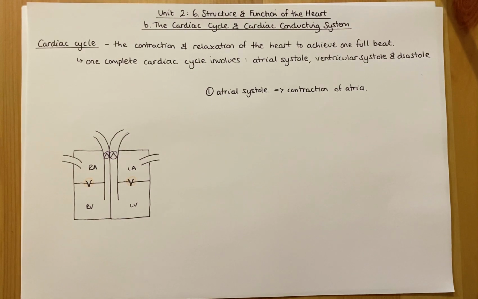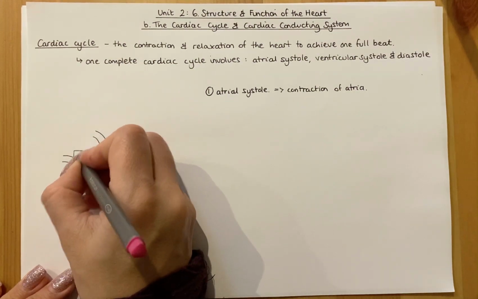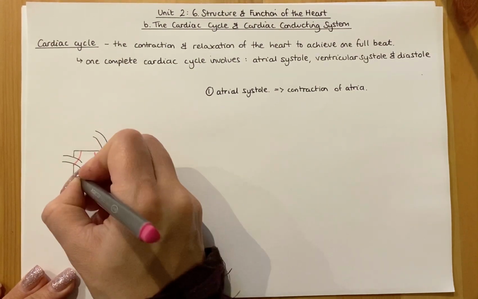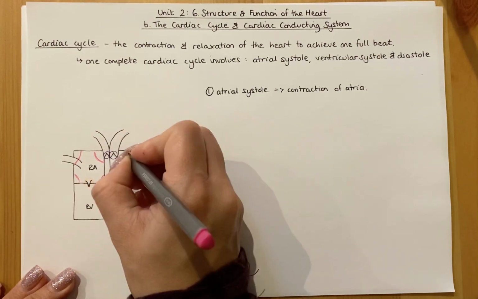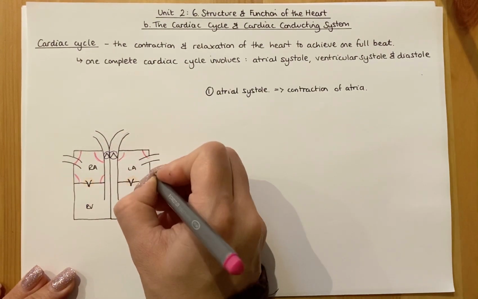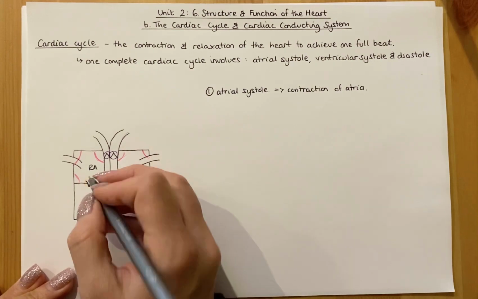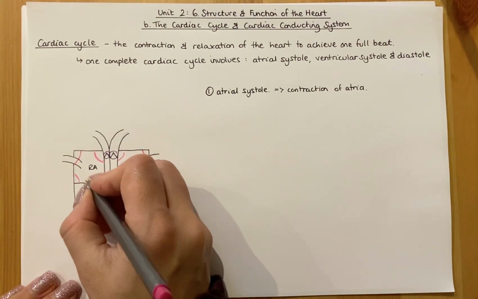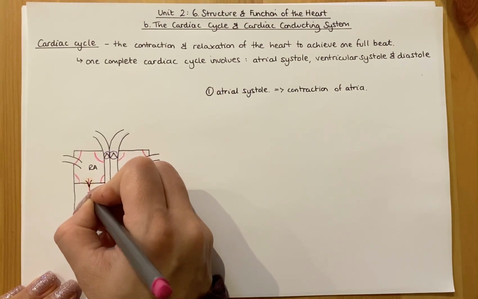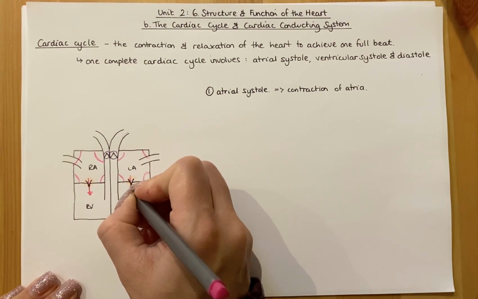When these atria do contract and squeeze, the walls will squeeze in, and that blood will then be forced due to pressure down through these valves and into the ventricles.